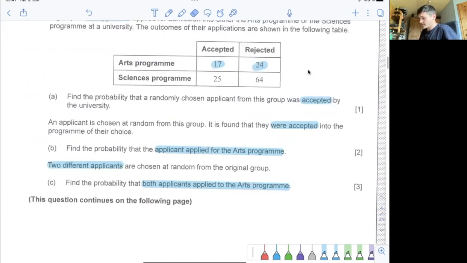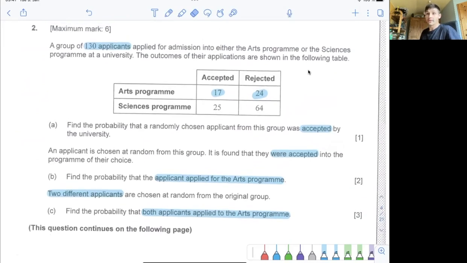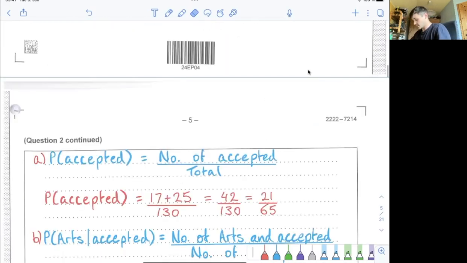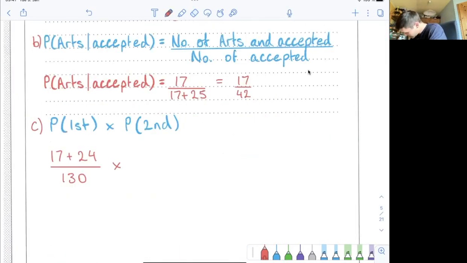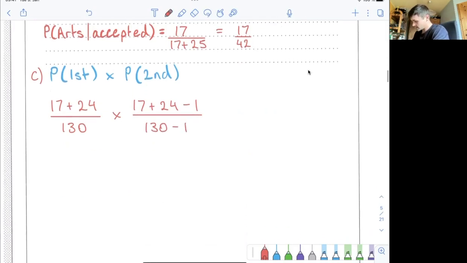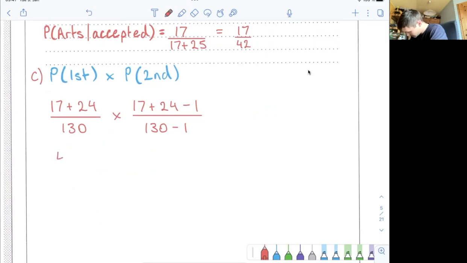So essentially what we're going to have to do now is subtract 1 from the total number of arts program applicants, and additionally subtract 1 from the total number of applicants. Okay, so if we bring that down here, we're going to have 17 plus 24 minus 1, all right, and then also 130 minus 1.